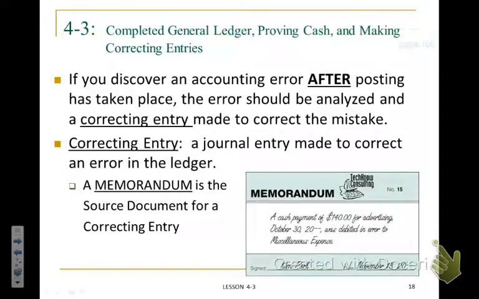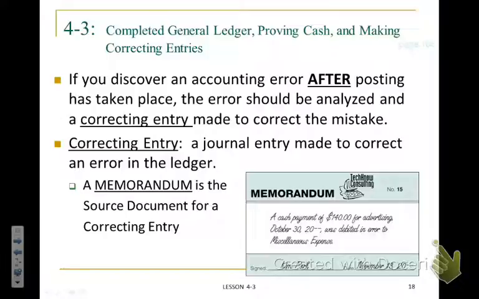So that's going to be your source document for the correcting entry. So let's say I posted something to my repairs account, and I should have reported it to my rent account. So two of those accounts are wrong, so I've got to correct both accounts. We'll talk about that next class.